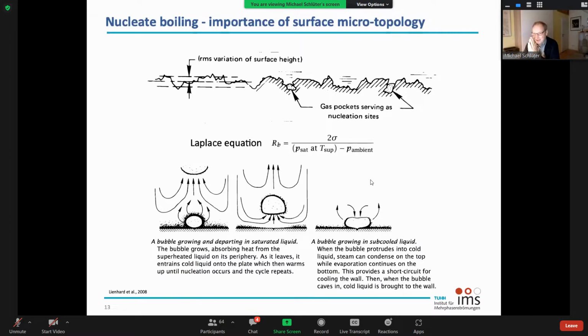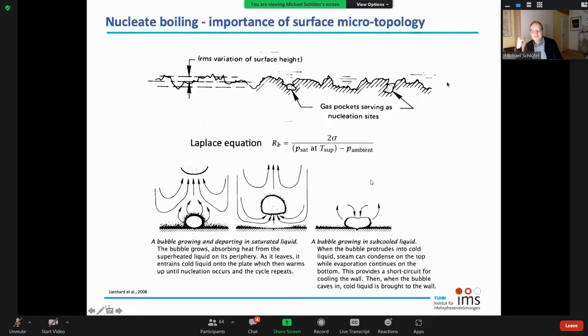As I have now explained, we have these nucleation sites where the vapor bubbles are created. I ask you, what happens, and this is very nicely related to your question that you just had, with this very smooth surface. What happens if we don't have this critical radius here, RB?